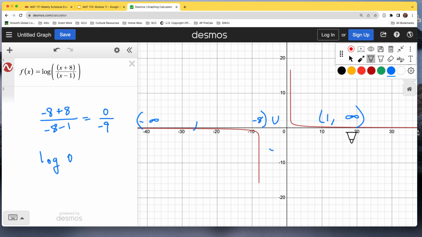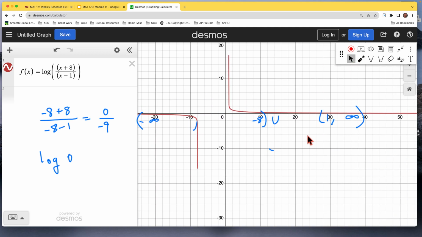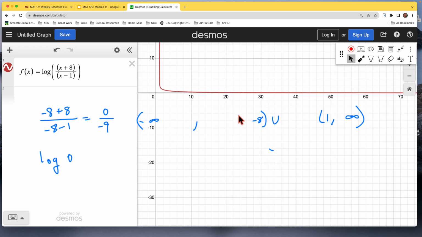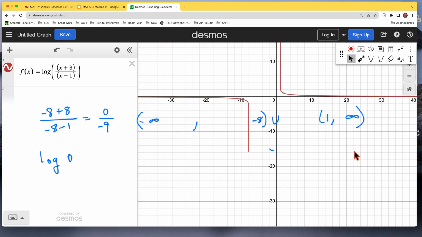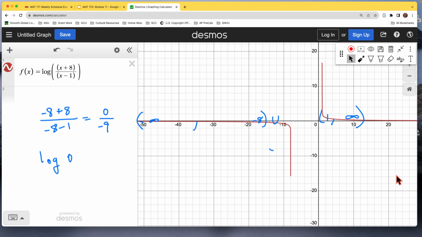The one thing I'm not certain of is whether or not it includes 0. But they didn't ask for the range, so it looks like maybe 0 is not going to work either. But x equals 0.